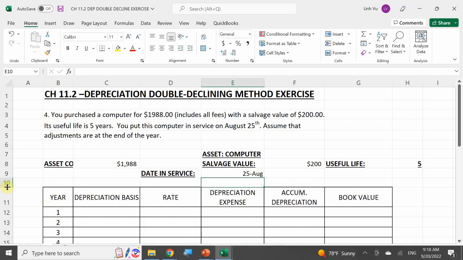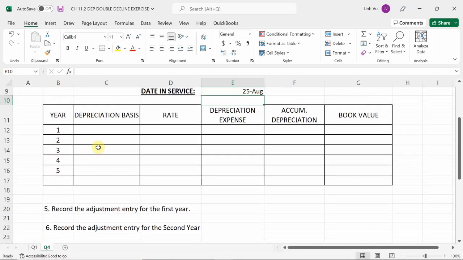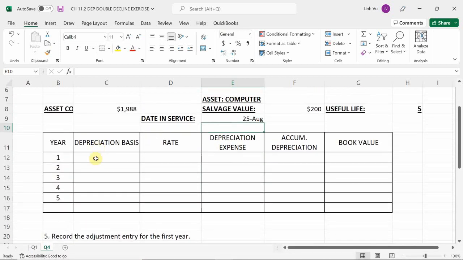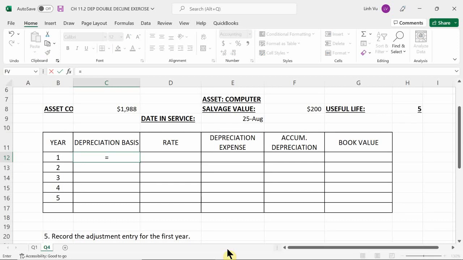Let's go ahead and determine what is my depreciation basis. It's 1,988. Good, it's going to be your asset cost.